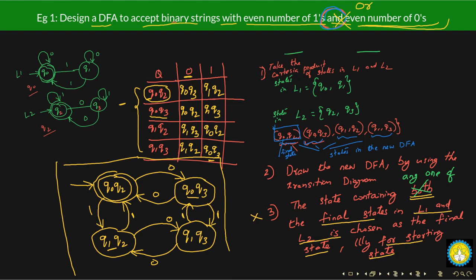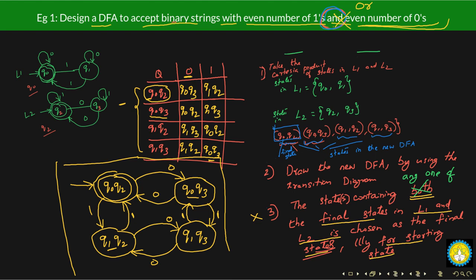But here I will choose the state containing any one of the final states in L1 and L2 as the final state. So there can be multiple final states as well, so it can be modified as states: the states containing any one of the final states in L1 and L2 are chosen as the final states.